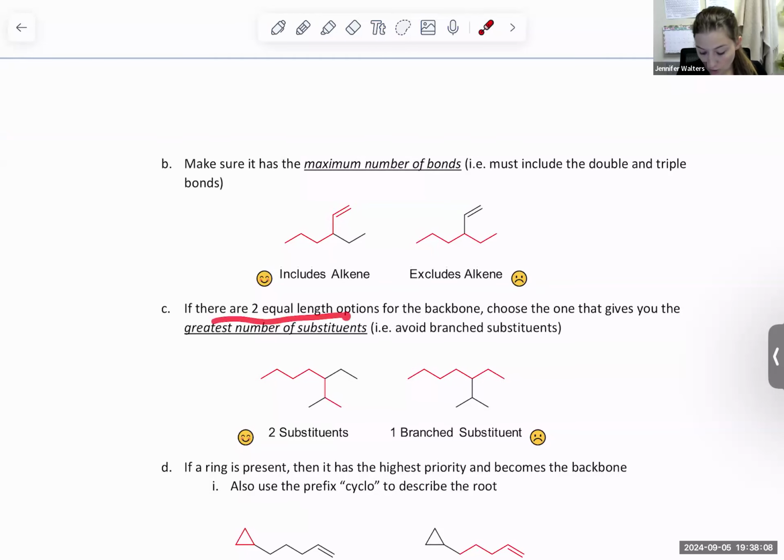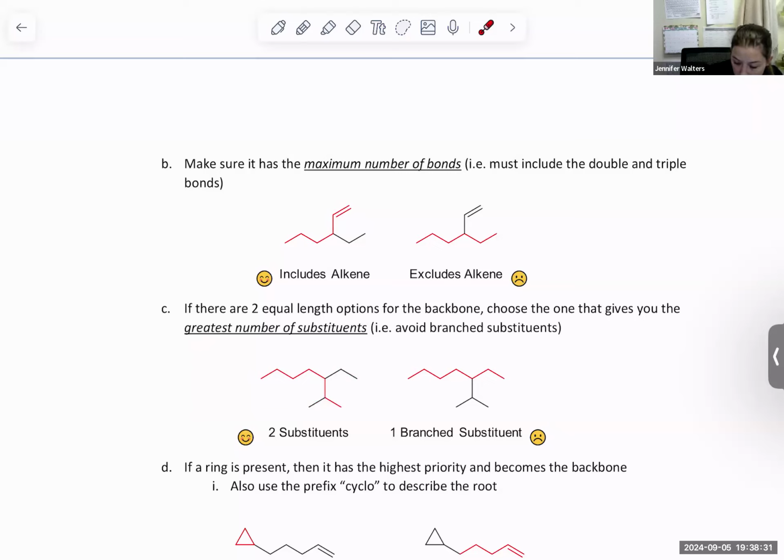If there are 2 equal length backbones, choose the one that gives you the greatest number of substituents. You want to avoid the branch substituents. So here, I'm going to come across and down because that gets me these 2 substituents that are not highlighted, and they are able to be highlighted in just one stroke coming off of that backbone.